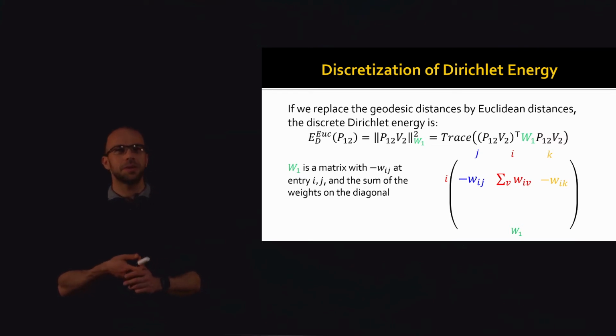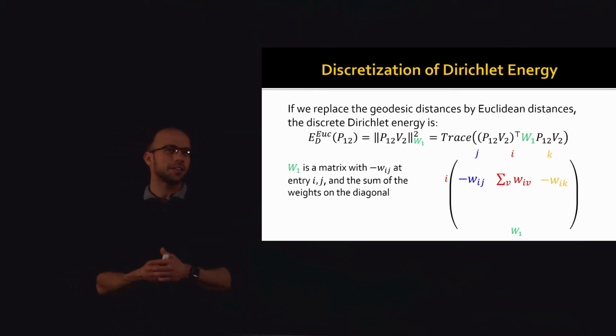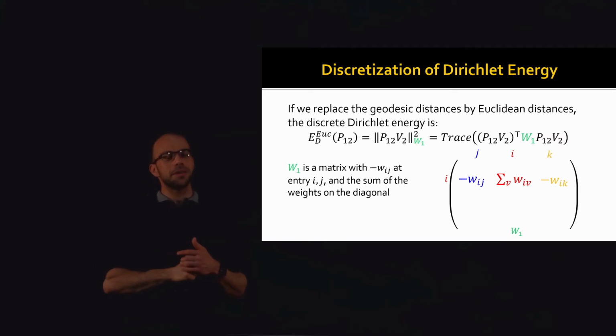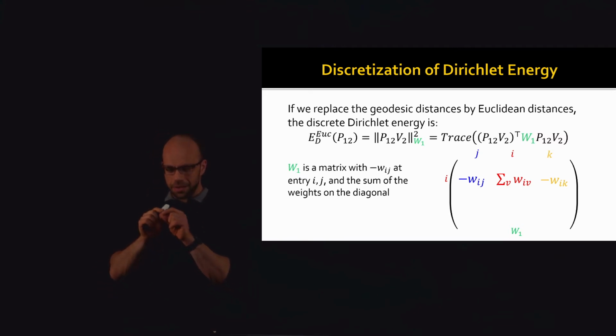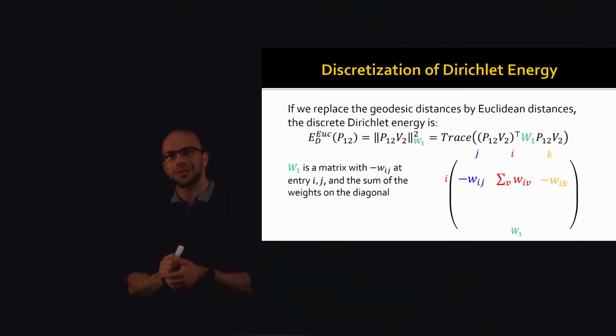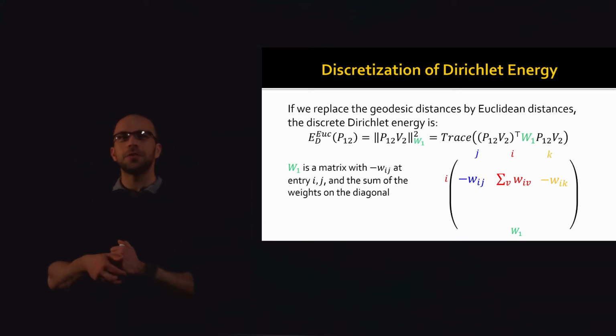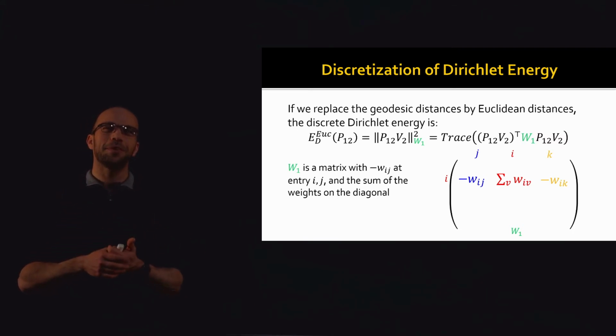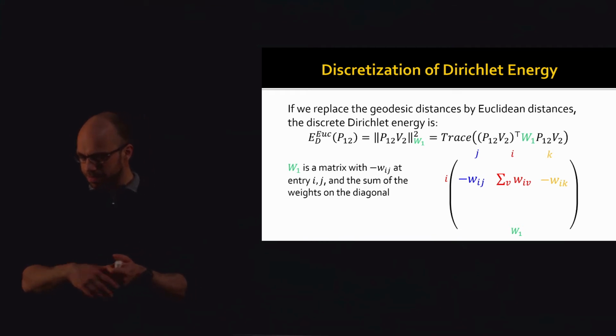Because P12 isn't just a general matrix or even a singly stochastic matrix. It's a matrix with this funny constraint that at most there are 3 non-zeros in every row, and only those 3 non-zeros have to correspond to a triangle on the target mesh. So essentially we needed to do a lot of tricky optimization and rephrasing of our problem in order to make this problem tractable or even make sense.